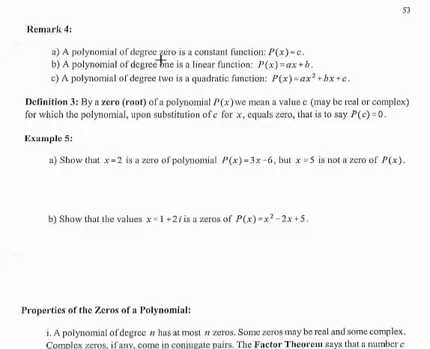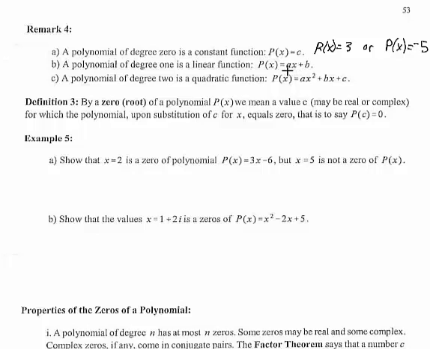Remark 4, polynomial of degree 0 is a constant. It's just a number, so we could write some examples of that. P of x equals 3, or P of x equals negative 5. We simply just write a number as a polynomial. We don't include any variables. Polynomial of degree 1 is a linear function. We have an x to the first power, and that x has the highest power variable in the polynomial.